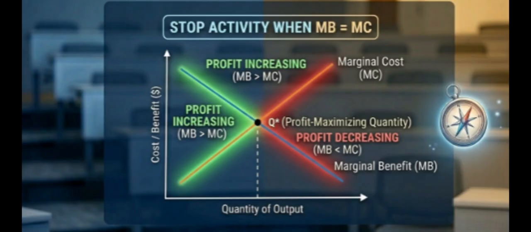The basic decision rule is simple. If MB is greater than MC, take the action. If MB is less than MC, do not take the action. Managers must continue expanding an activity, such as producing something, until MB is equal to MC, which is known as the profit maximizing rule. Remember that.